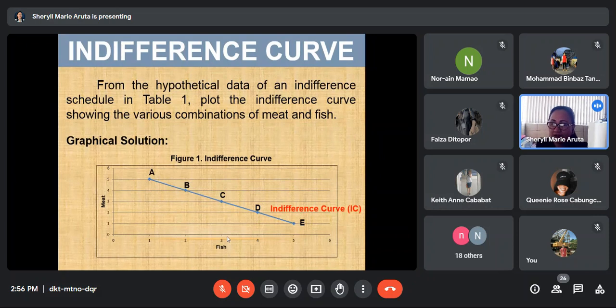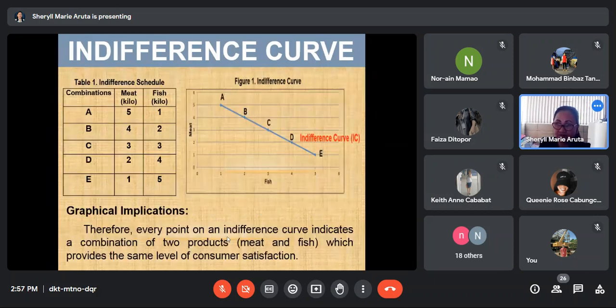Okay, so if you try to look at the graphical solution, it's actually a substitution effect na akay i-give up for you to have the other good. Okay, so it's downward sloping because it has a substitution effect. And this is the picture of the graphical solution of an indifference curve.